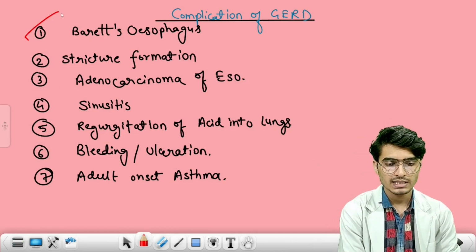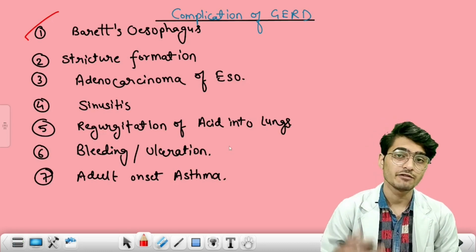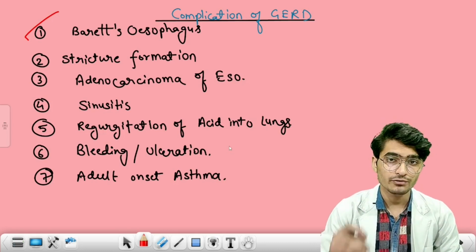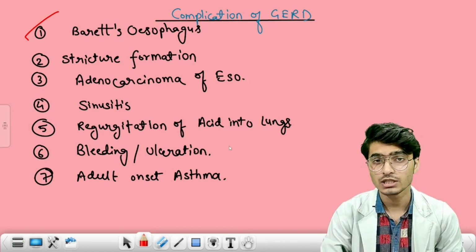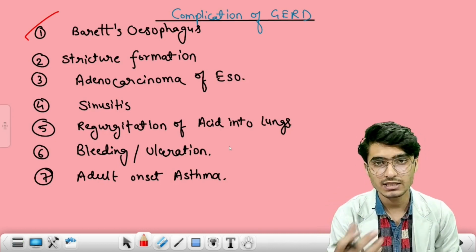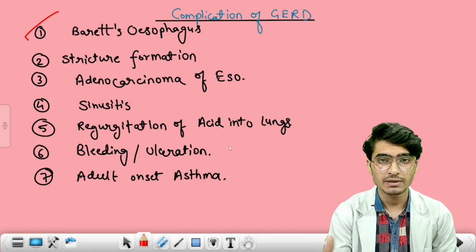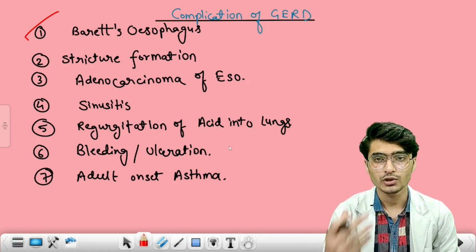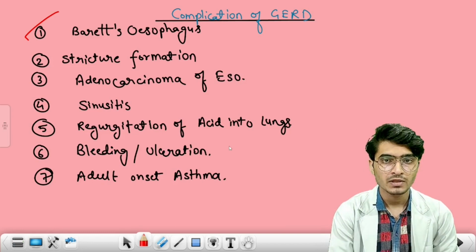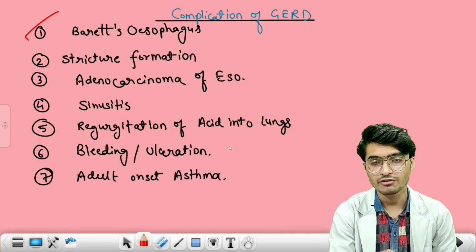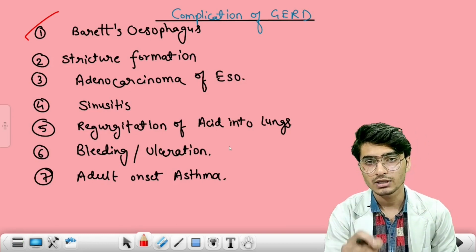So number 1 is Barrett's esophagus, right? Whenever there is chronic exposure of the mucosa of the lower end of the esophagus to gastric acidity, that is causing irritation, and that is causing metaplasia of the mucosa of the lower end of the esophagus from stratified squamous non-keratinized to intestinal columnar epithelium.